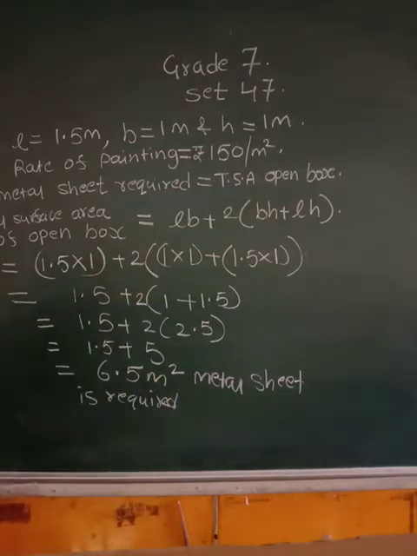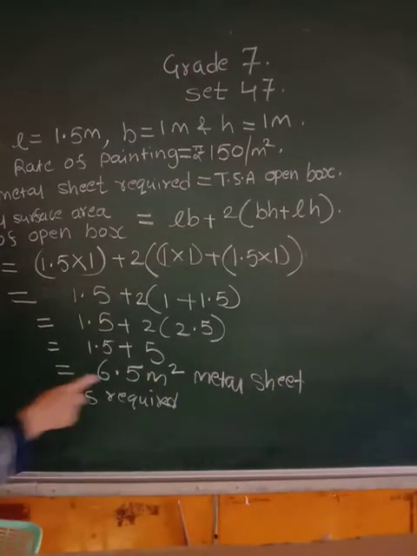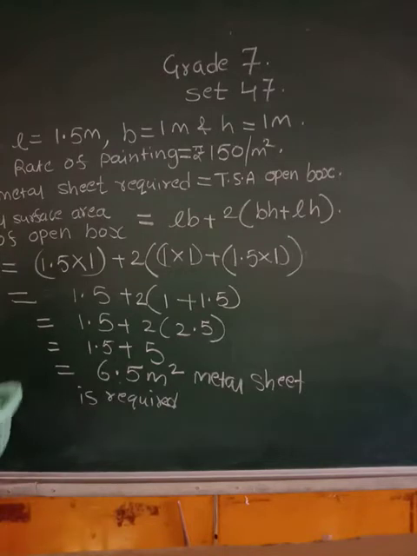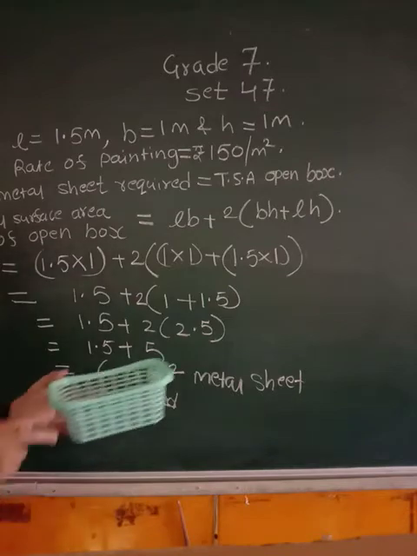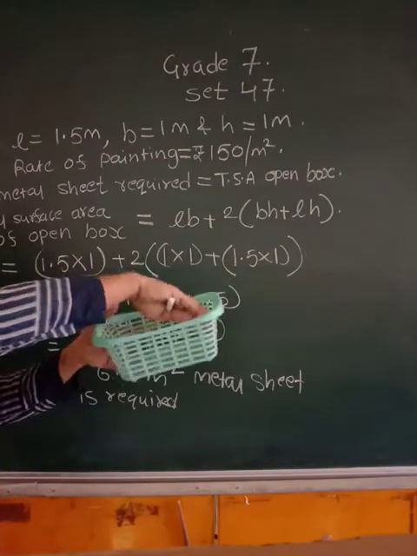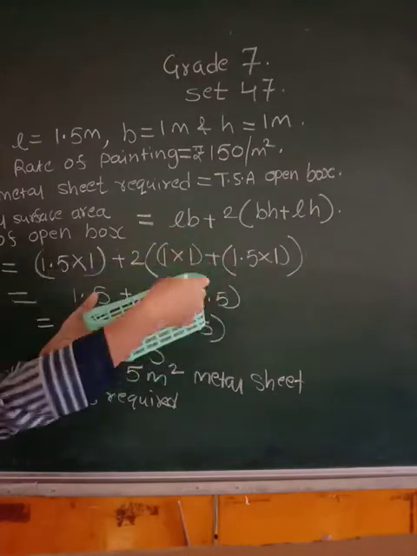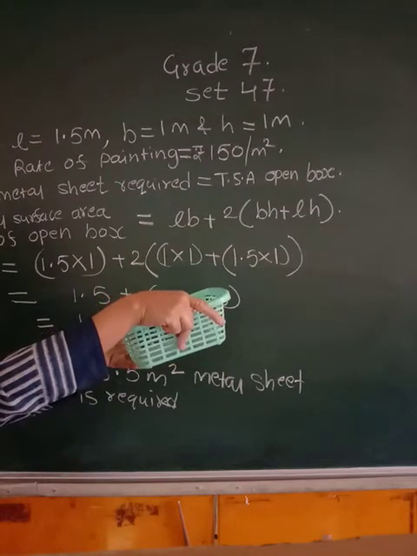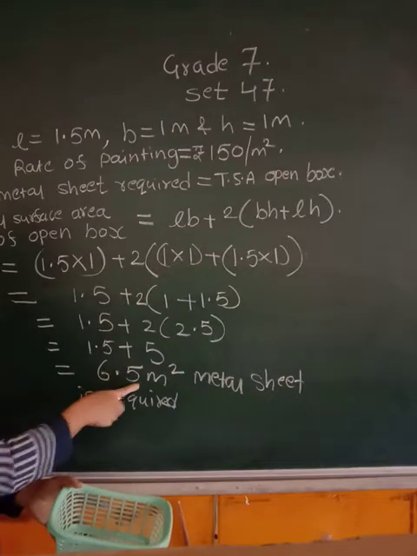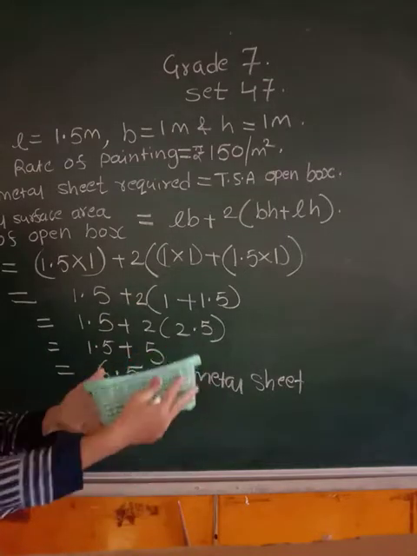Now, is this clear first of all? We have prepared this box of metal and this much metal sheet is required. Now the second part of the question says that the inside and outside surface of the box is to be painted. It has to be painted from this side also and from this side also. That means we have to calculate twice the total surface area. Inside area is this much, outside area is also this much.